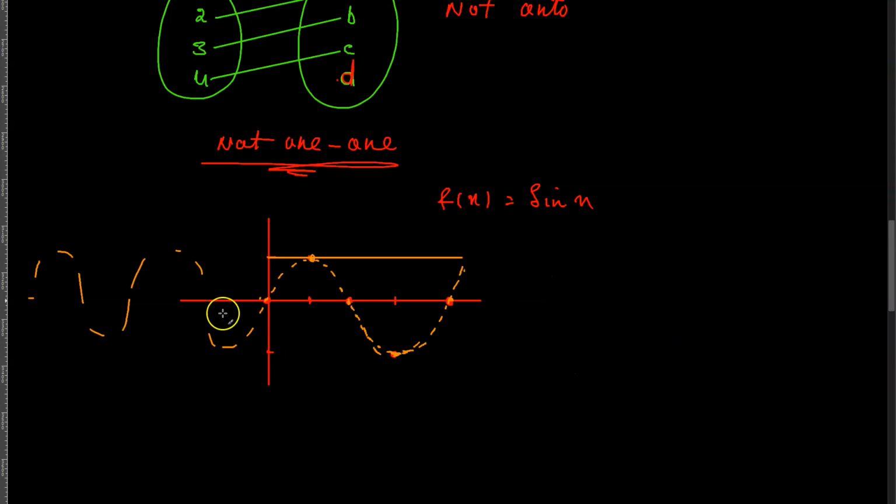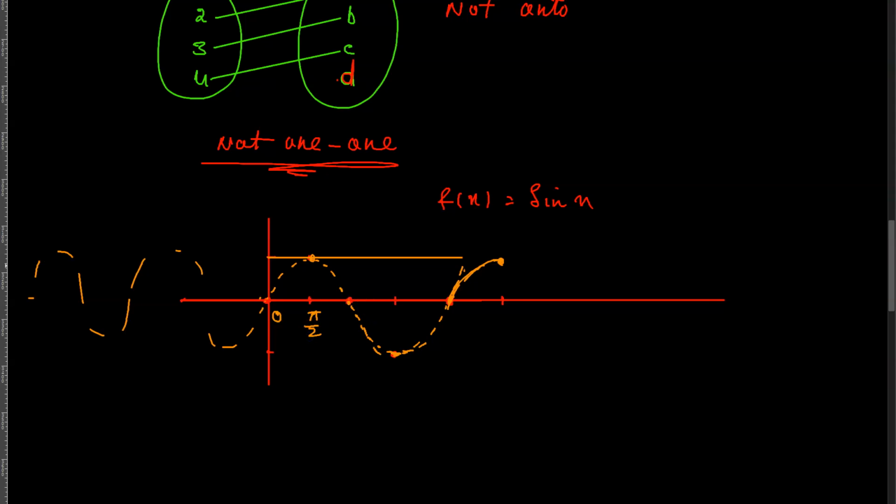So if I draw this over here, you can see that the output of the function is going to be right over here, right?